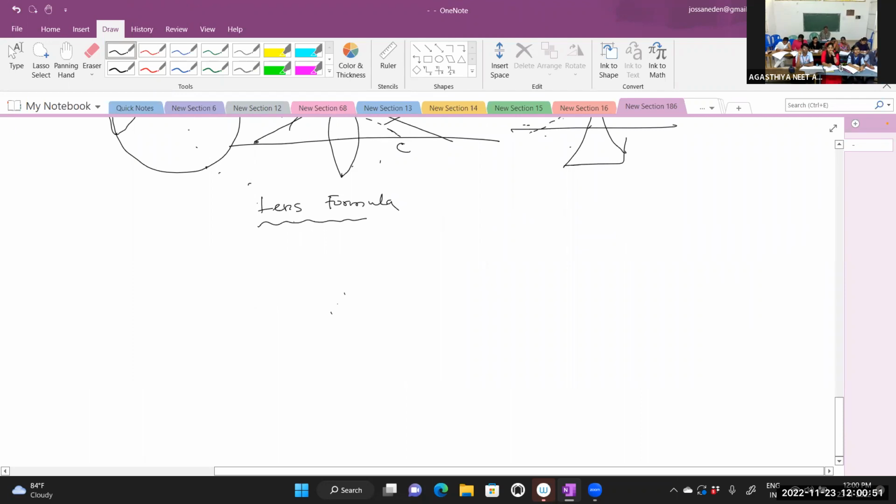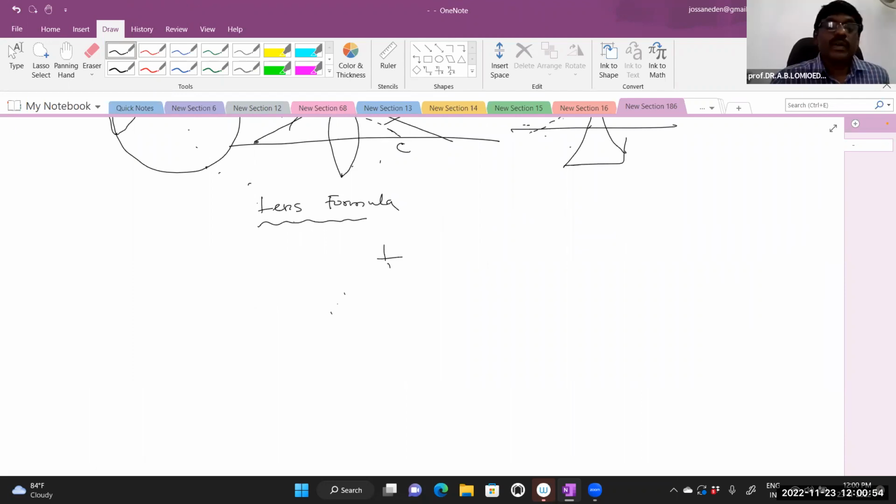Next one, lens formula. Use the sign convention directly.